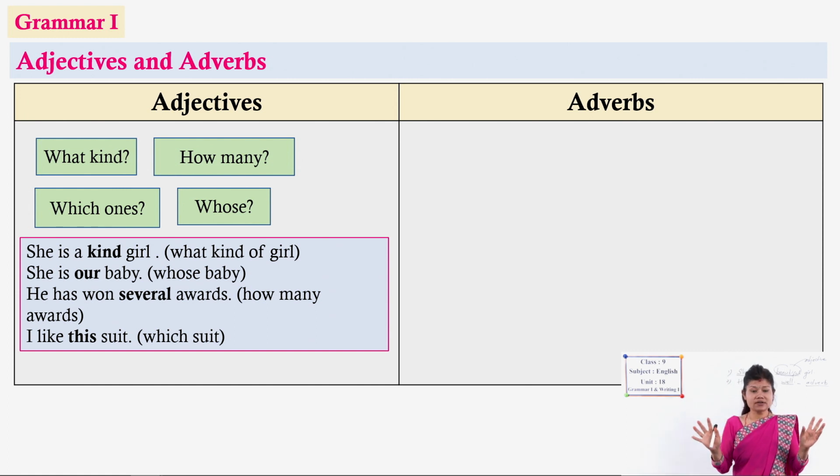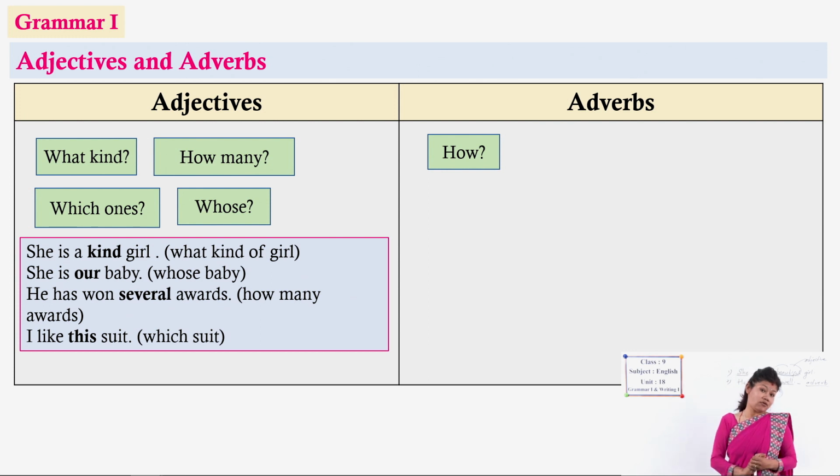How many awards has he won? Several, so several is an adjective here. I like this suit. Which suit? This suit. So keep in mind, an adjective tries to answer this sort of question.